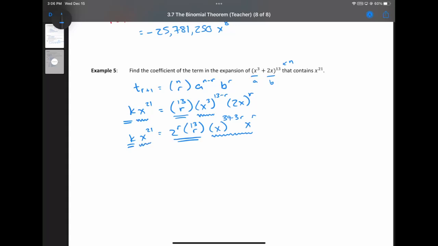One more step, I think, just to clean up stuff a little bit. I can't do much with this. That stays 13 choose r times 2 to the r. But I'm taking two powers with the same base of x. I can add the exponents. So this becomes x to the exponent 39 minus 3r plus r, which is 39 minus 2r.